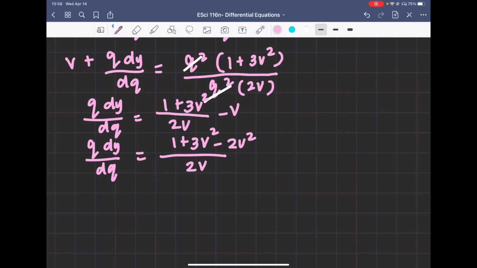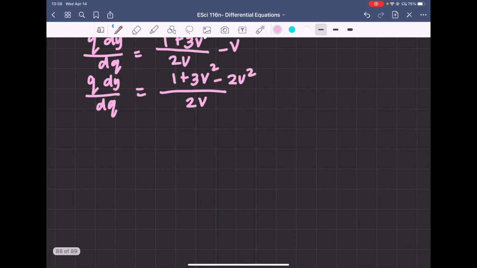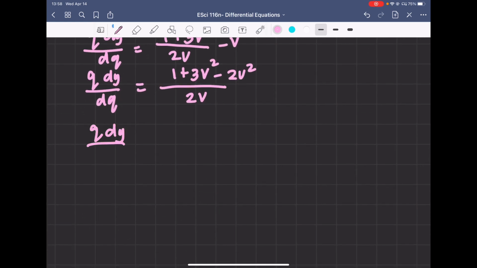So we can simplify this. That's q dv over dq equals 1 plus v squared over 2v.